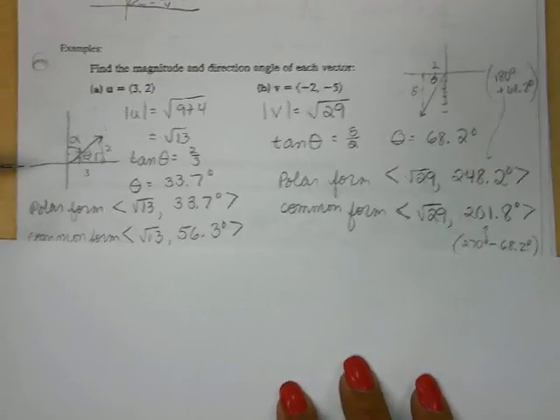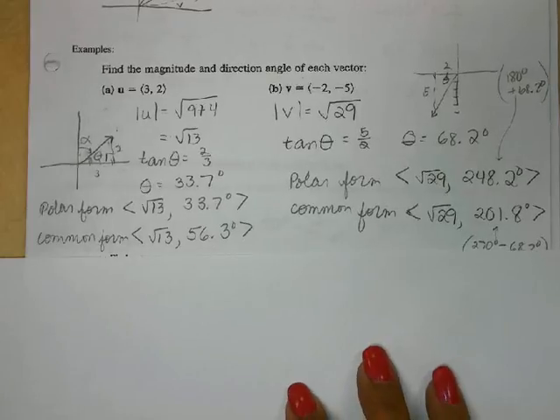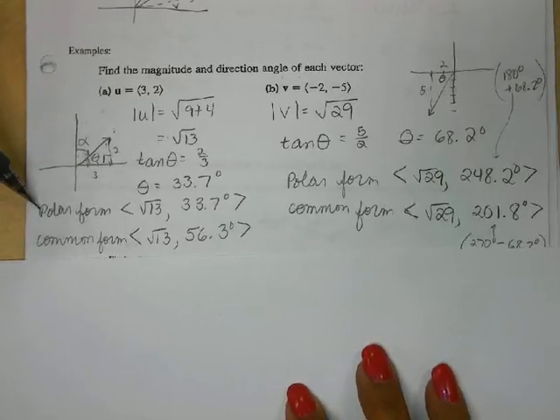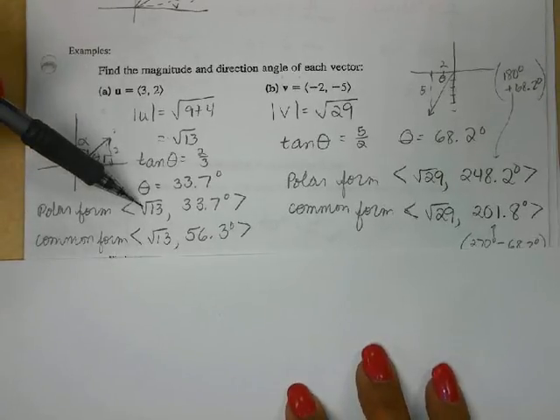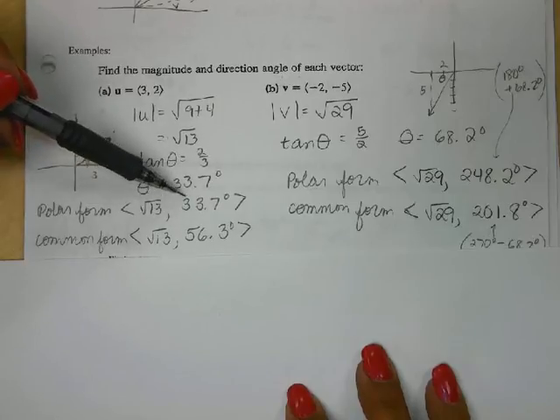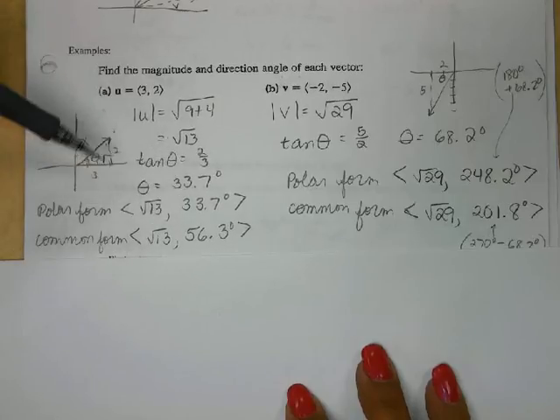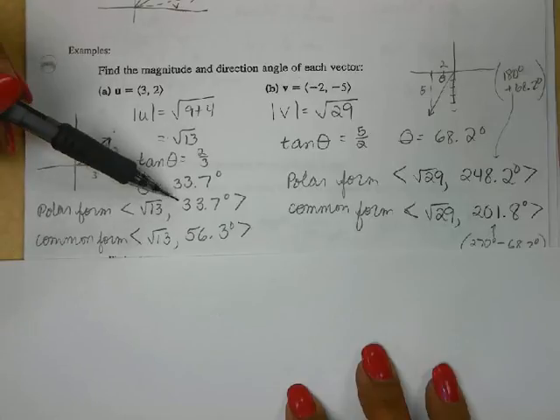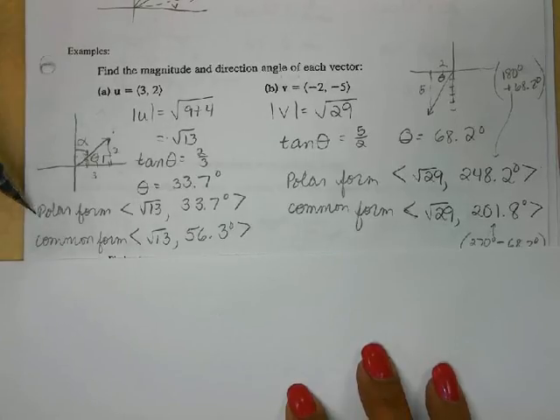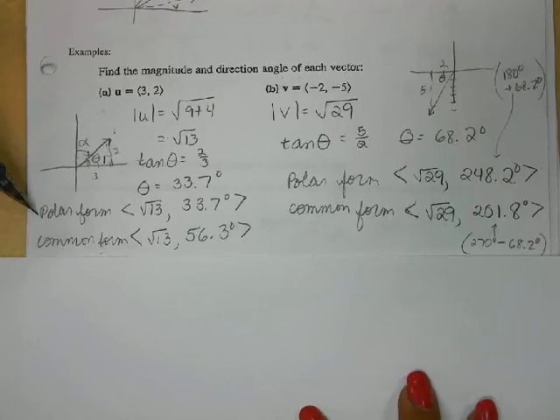So one form of the vector is the polar form, and polar form has the magnitude and the direction listed as an angle from the positive x-axis, as you're accustomed to using for an angle. So this would be our polar form of the vector.